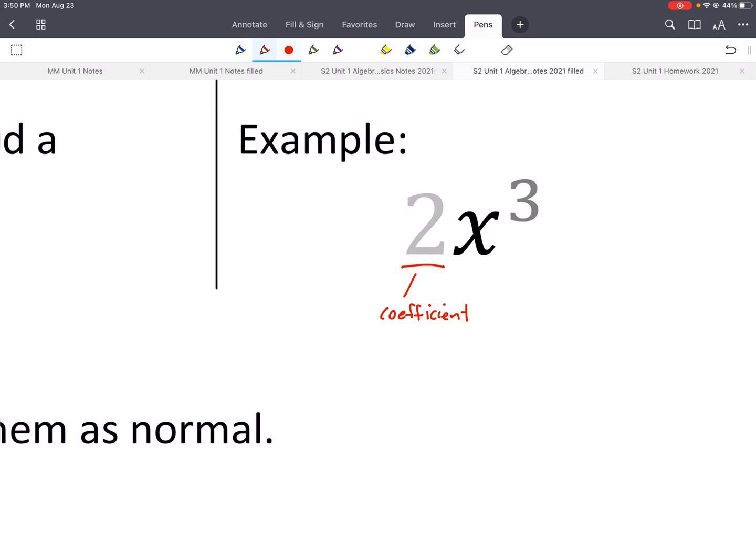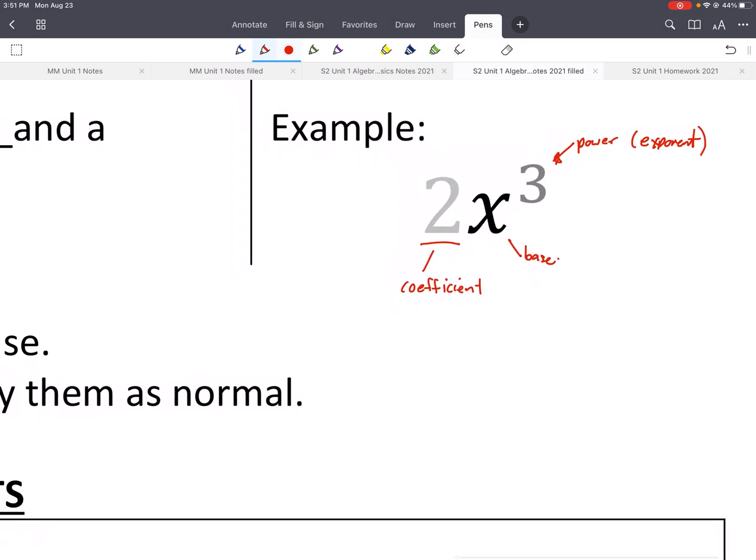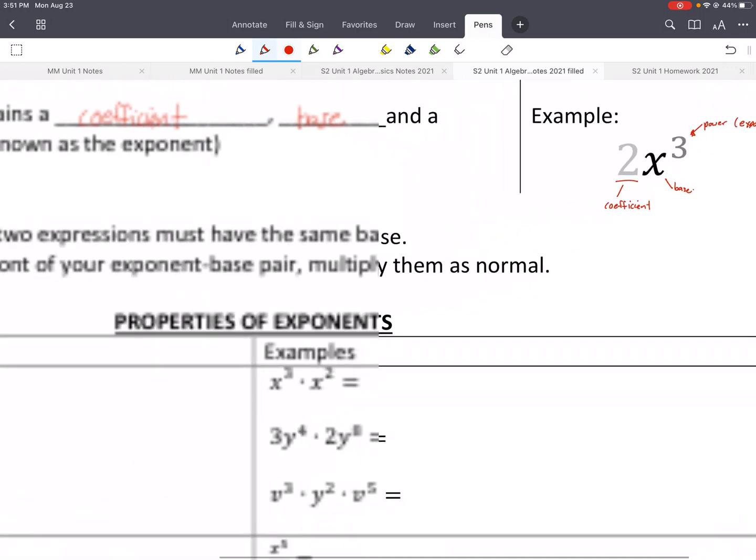So coefficients are numbers in front of a variable. Remember that if we have something like x squared, we still have a coefficient out in the front, okay? And then we have our base, and this is our power, or our exponent.